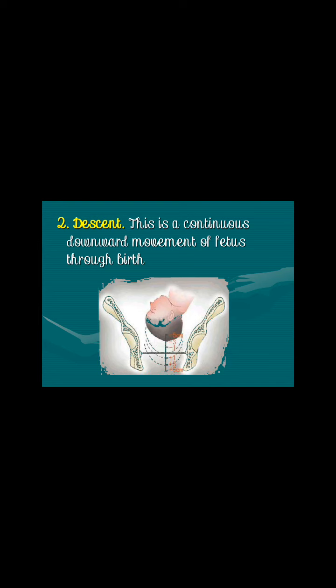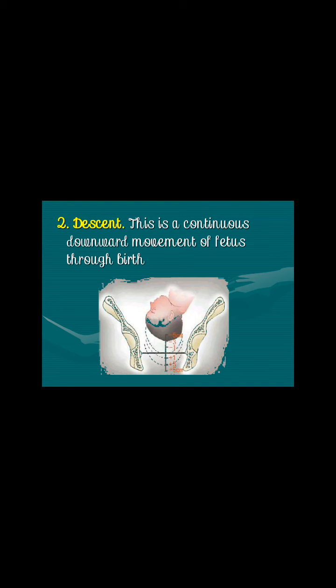Kitu cha pili, mtoto akishaingia ana descend. This is a continuous downward movement of the fetus through the pelvic canal. Mtoto anaanza kushuka kama ilivyoonyeshwa kwenye picha. Kwenye partograph nilikueleza mtoto anaanzia juu, anashuka chini, na kuna namba: negative 5, negative 3, negative 1, plus 1, plus 3, plus 5.